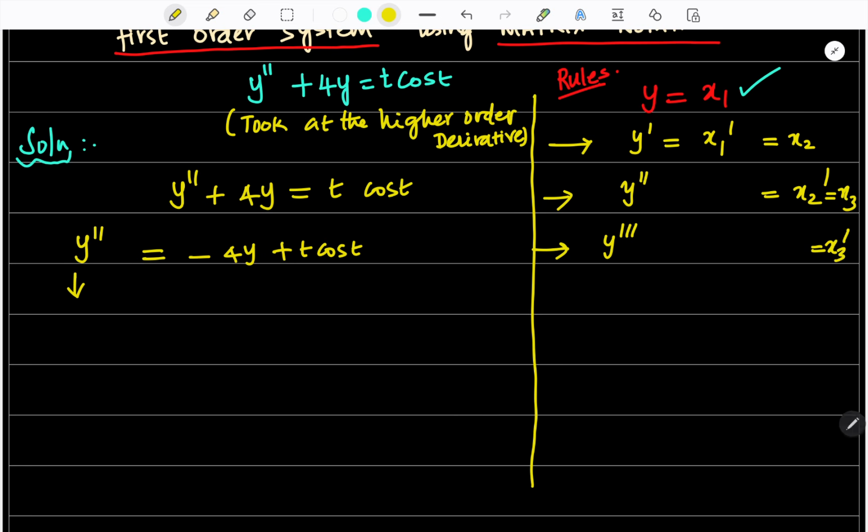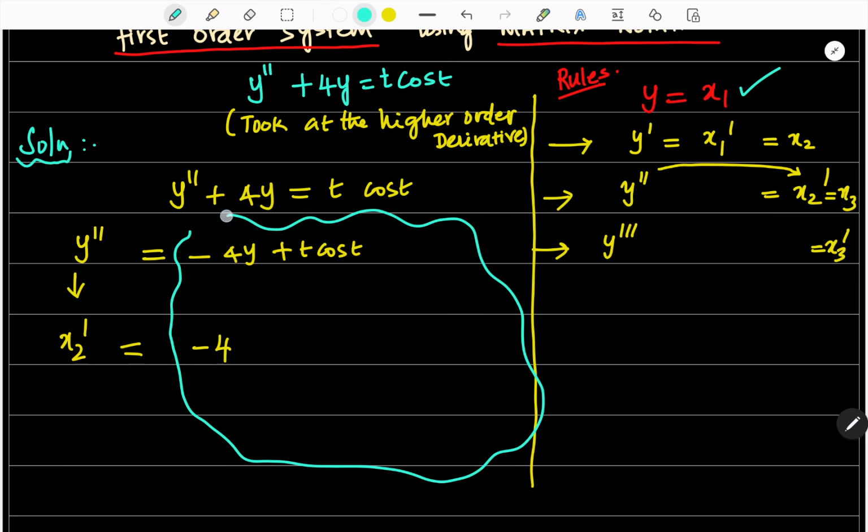Now write y double dash in terms of the first order derivative. x2 dash is equal to minus 4 times something. Keep in mind that on the right hand side you should not get any derivative expression.